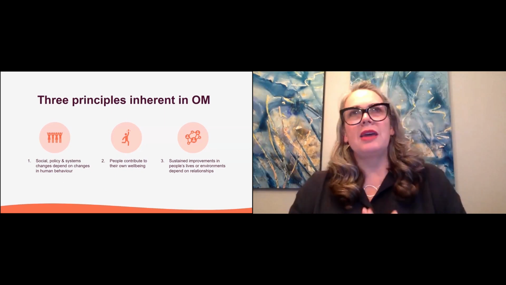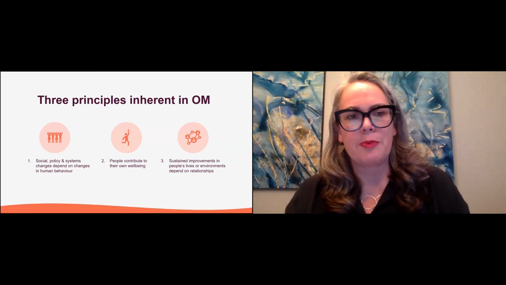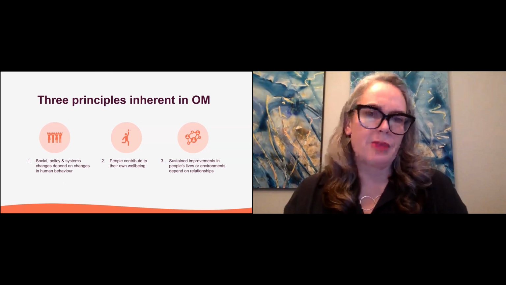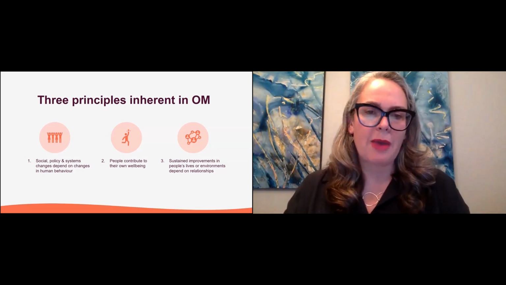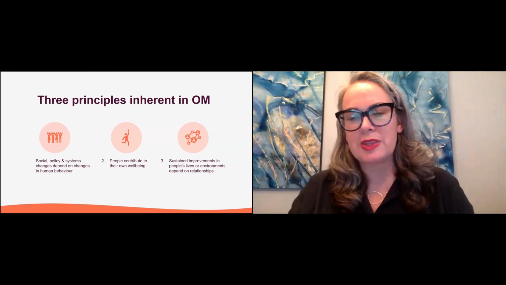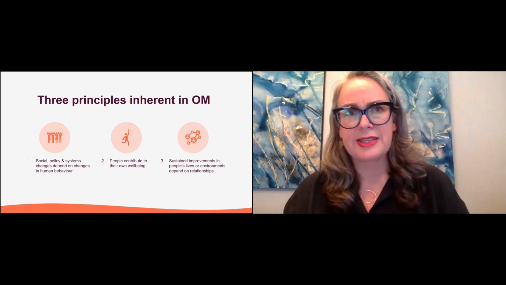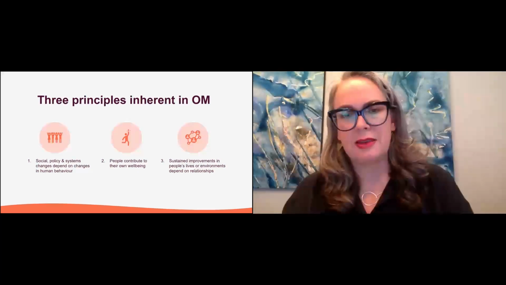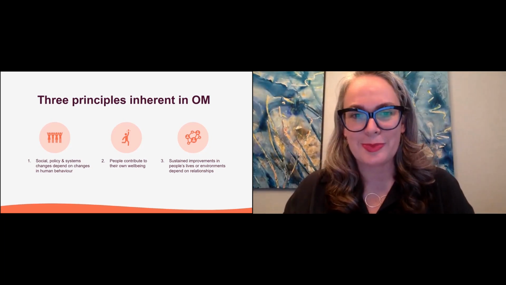As I said, that distilled definition sets us up to explore further the principles that are inherent in outcome mapping. We like to say that if we are using outcome mapping, there's an assumption that the users, the individuals within a project or a program, be it the implementing organizations or the team, somehow embrace, understand, apply, and agree with these principles.